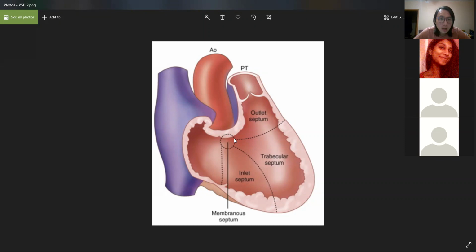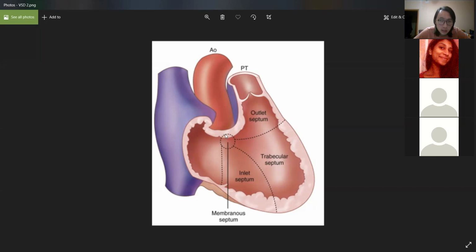Okay, no. All right. So even from the name itself, membranous septum, it occurs at the membranous septum. It sometimes may extend to other quadrants of the intraventricular septum. It can extend to the outlet, the trabecular, or the inlet.